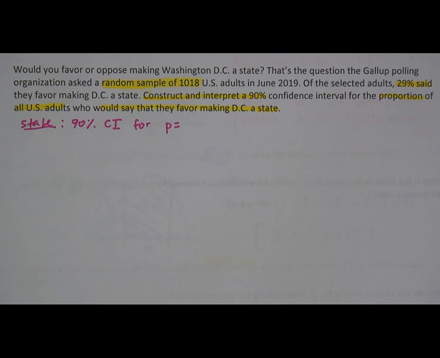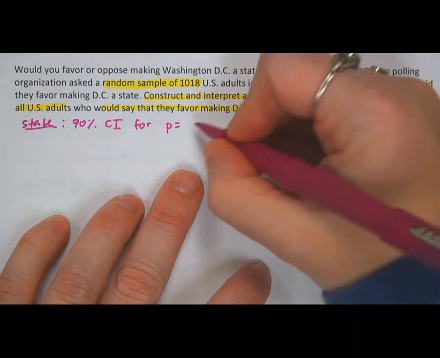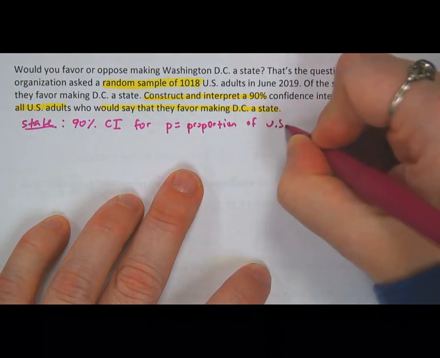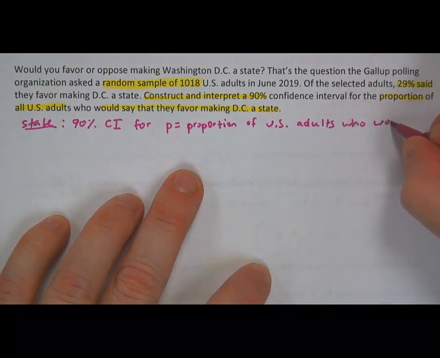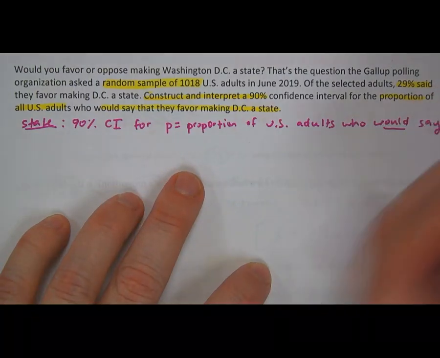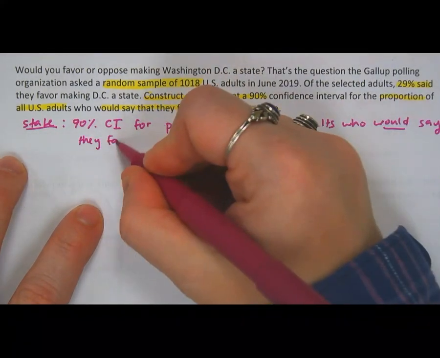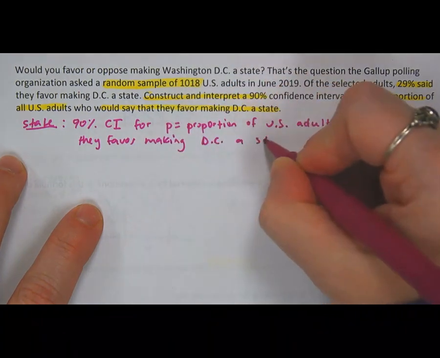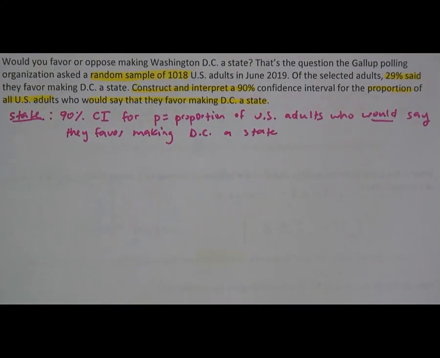A 90% confidence interval for P is going to represent the parameter, which is the proportion of U.S. adults who would say, not who did say, but who would say they favor making D.C. a state.